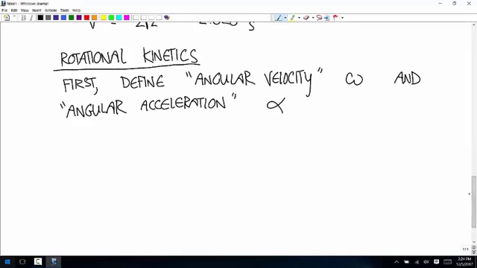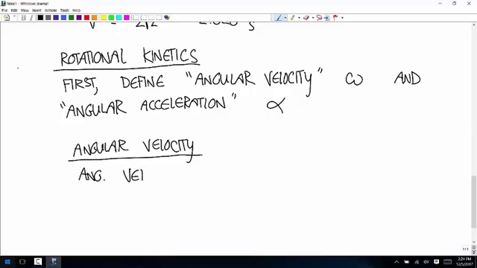Okay, so angular velocity. The angular velocity is a directional quantity that tells you how quickly an object's orientation is changing.